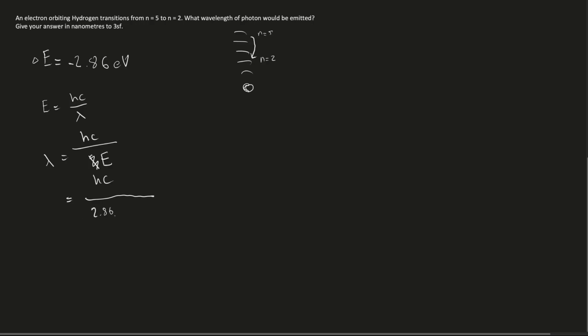Now that's in electron volts. So in order to convert this to joules, we need to multiply by 1.602 times 10 to the minus 19. Now it's in joules. And so finally, if we put all of that into a calculator, we'll end up with a wavelength of 434 nanometers.